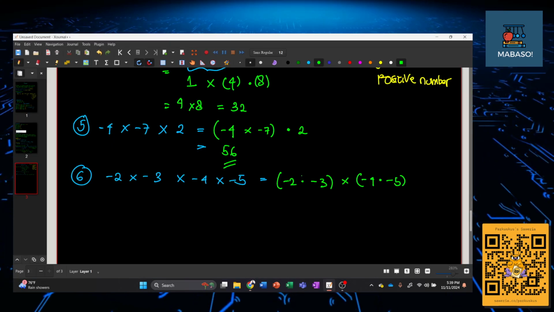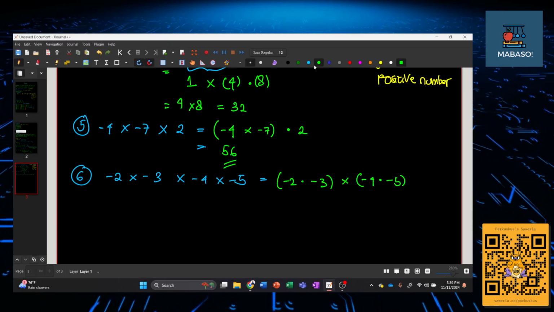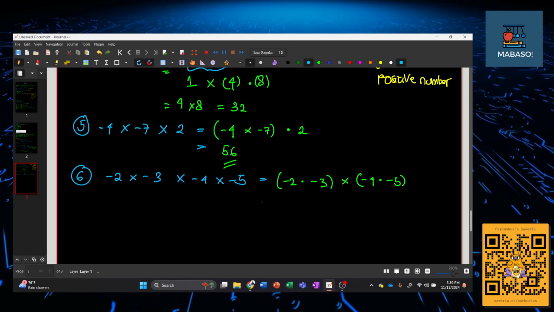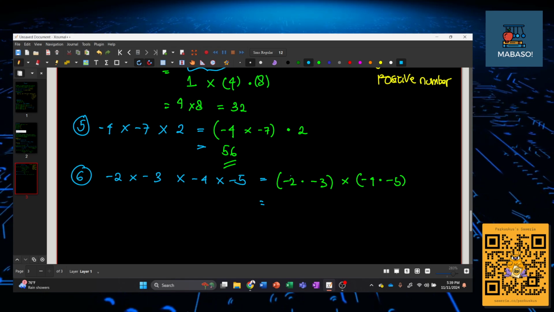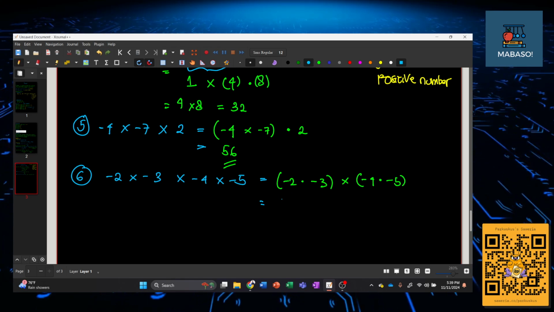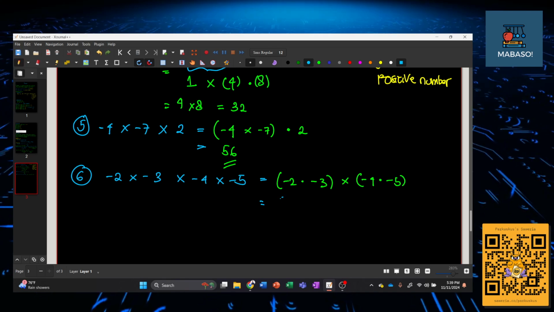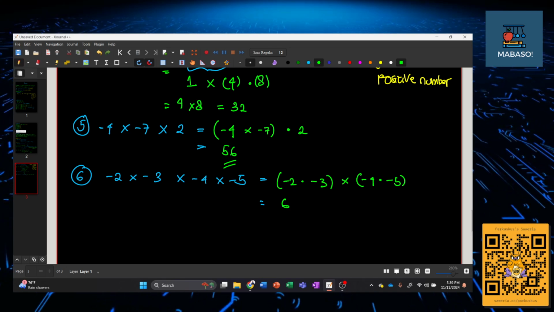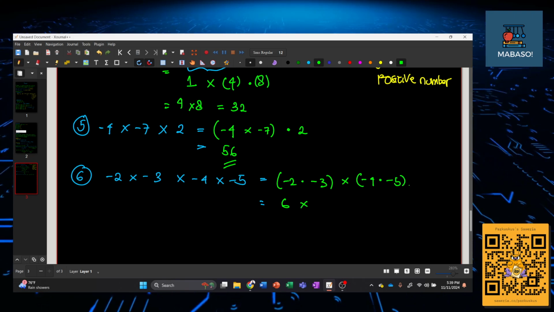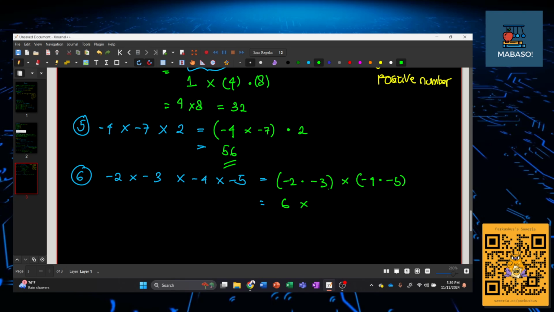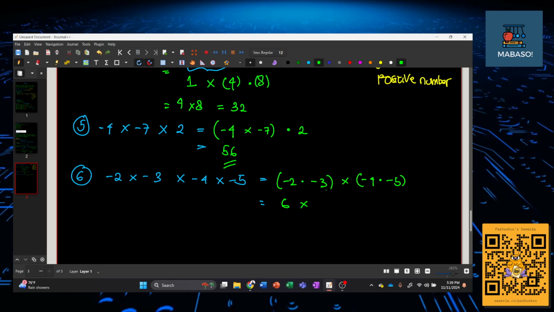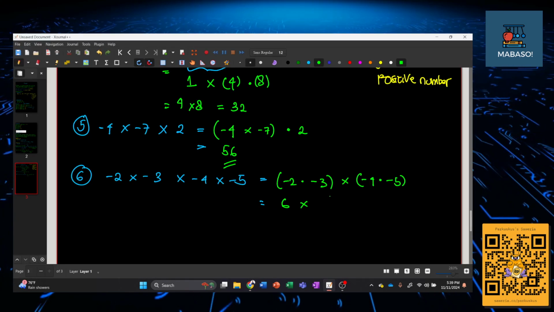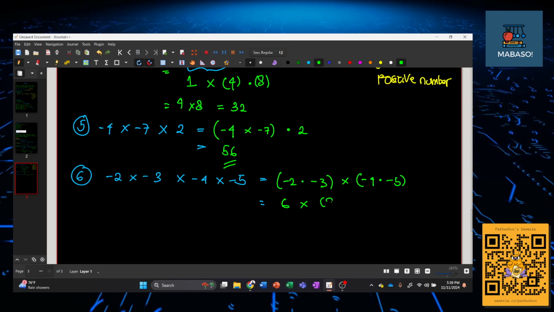So if I have -2 times -3, this is the multiplication of two negative numbers. Therefore, the result must be positive. So it is just the same as 2 times 3, which is 6, right? And of course, -4 and -5 is two negative numbers being multiplied. Therefore, we have a positive number, which is 4 times 5 is 20.